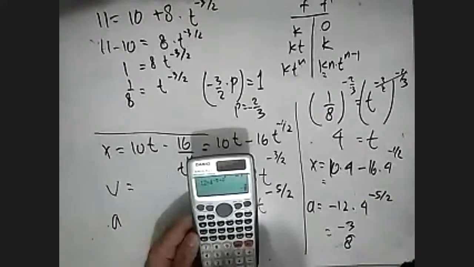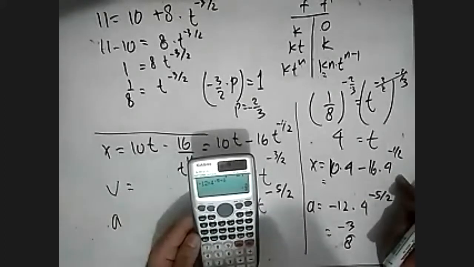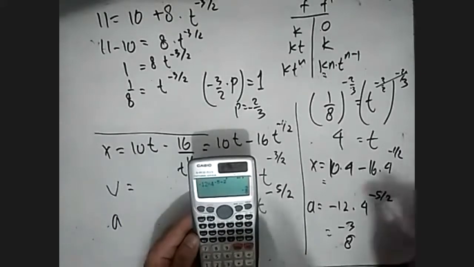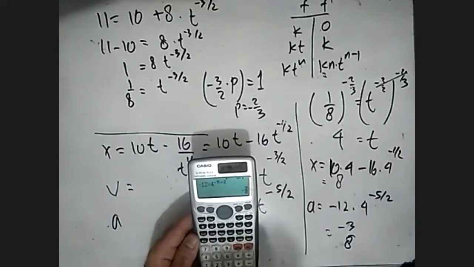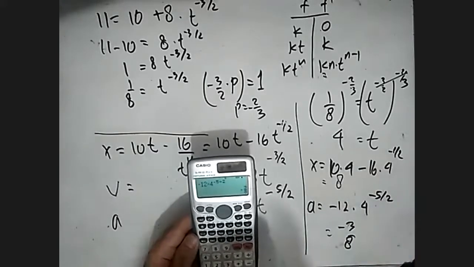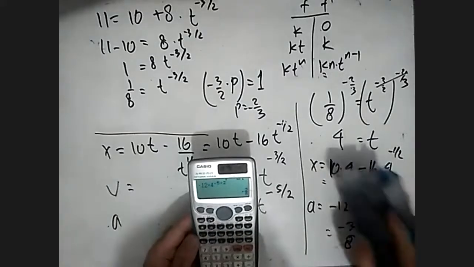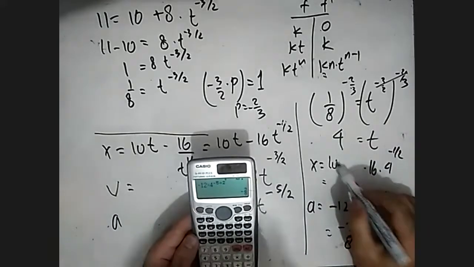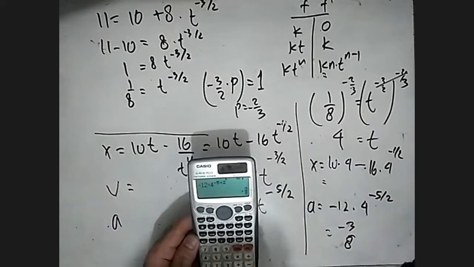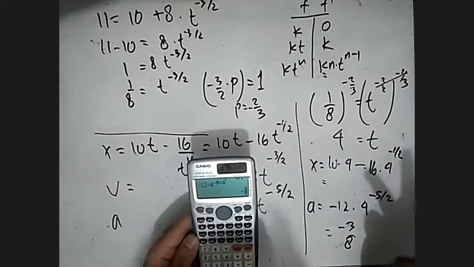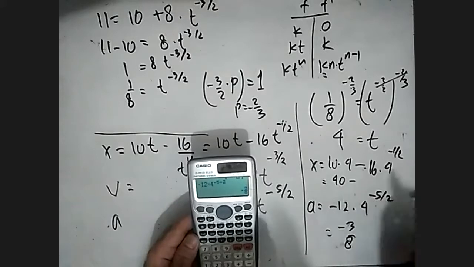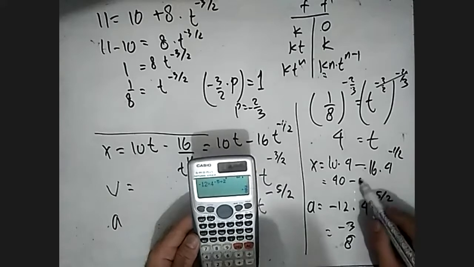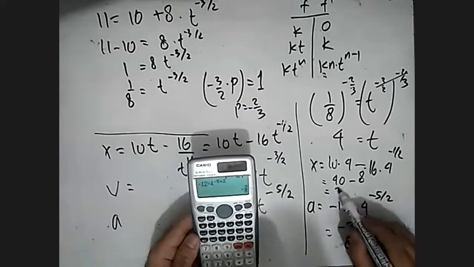Good. Now, Caroline, what about this? 8? Let's do it... No, twice, that's 40. Sorry, that's 40, right? Yes, 10 times 4 minus this. 40 minus 8 is going to be 32.